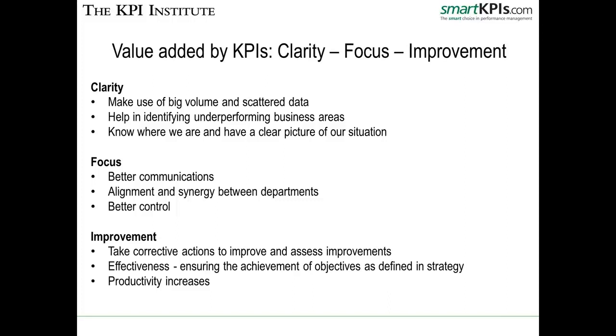So they facilitate the process of taking corrective actions. They illustrate whether we were effective in this, and they also illustrate whether or not we achieve productivity increases over time by doing trend analysis. So in general, these are the main areas of value generation through KPIs: clarity, focus, and improvement.